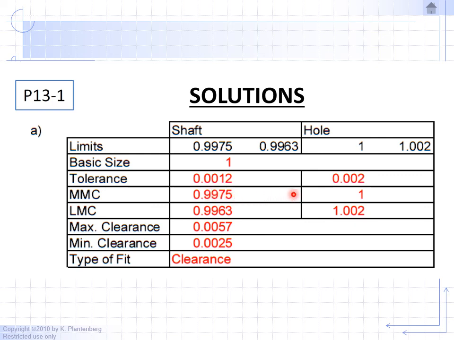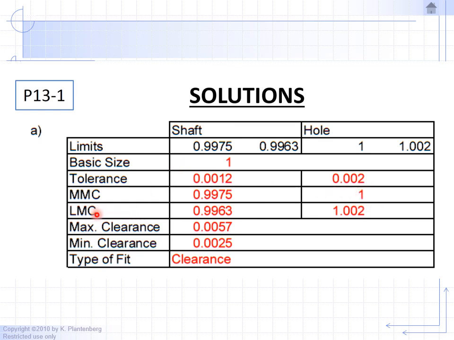Now, the heaviest block will have the smallest hole. The smallest hole allowed is 1 inch. The largest is 1.002. So the smaller hole will remove less material. When we drill a 1-inch diameter hole in the block, that'll give us the heaviest block, the one with the small diameter of 1 inch.